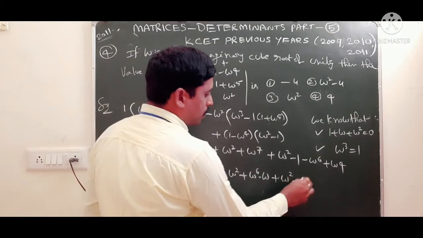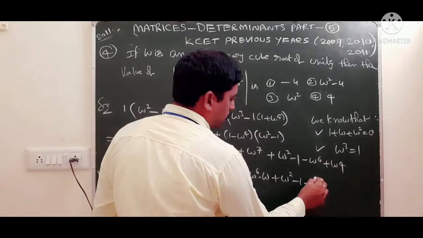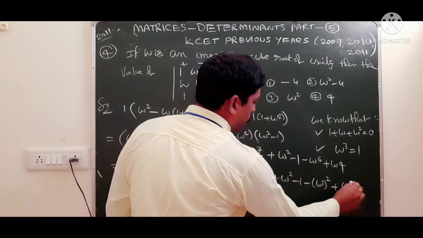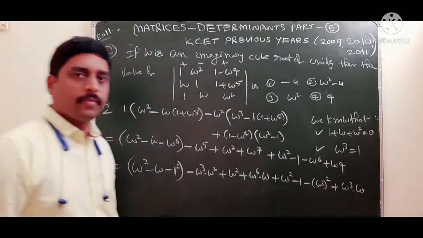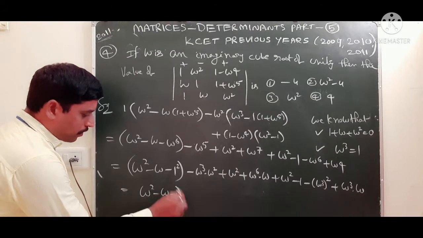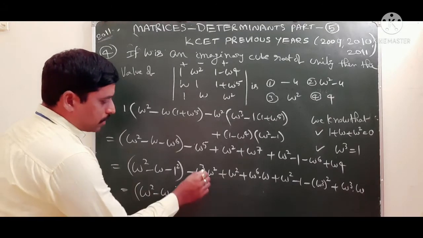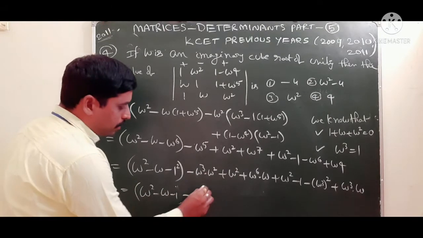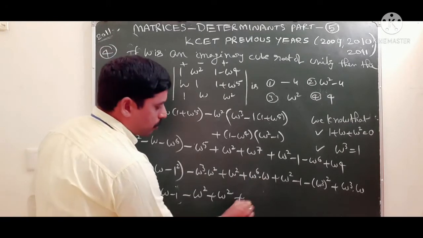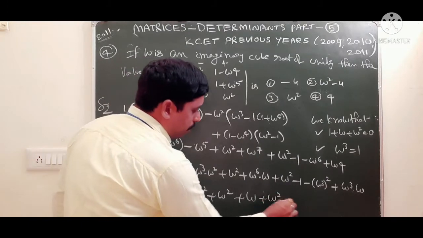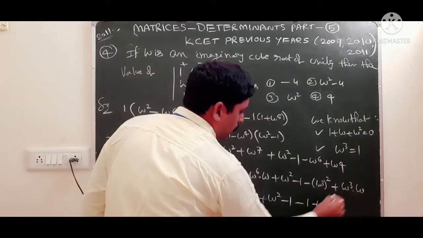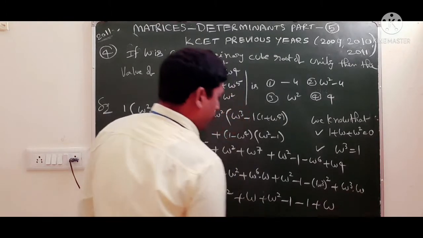Omega square minus 1 minus omega power 6, this is also omega cube whole square, which is 1. Omega cube is 1 into omega.